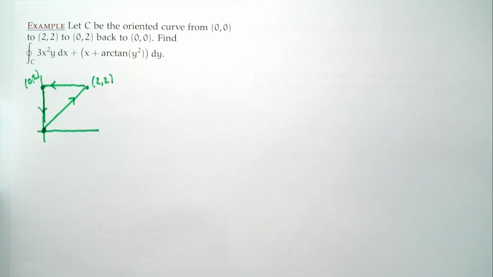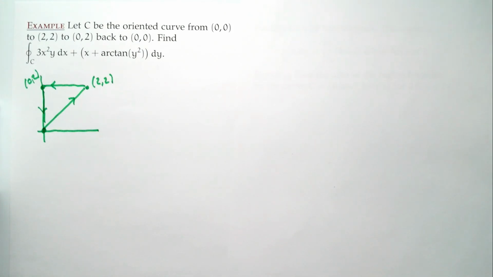And we want to find the integral along this curve of 3x squared y dx plus x plus arctangent y squared dy. Now, one way we could do this is to actually do the integrals. I'd do 3 of them because there's 3 parts. And I'd work my way through, and I'd be annoyed because I'd have a hard time doing that arctangent of y squared. As much as I love arctangent, it doesn't always love me back.